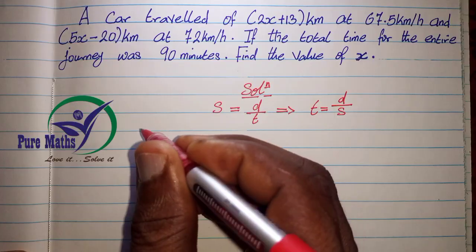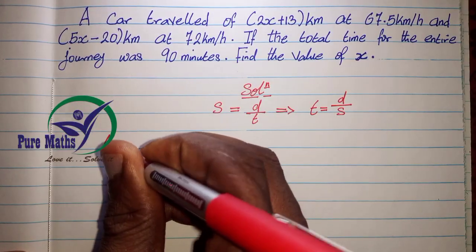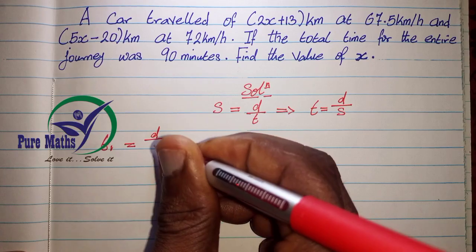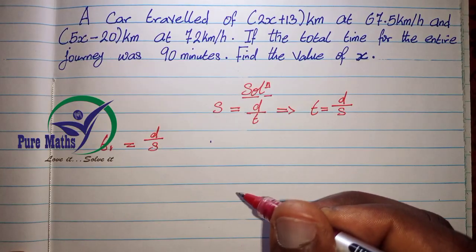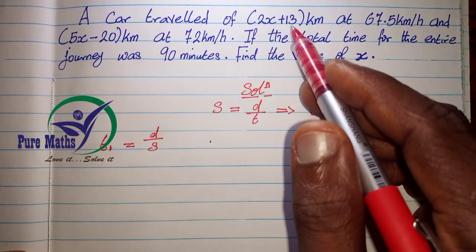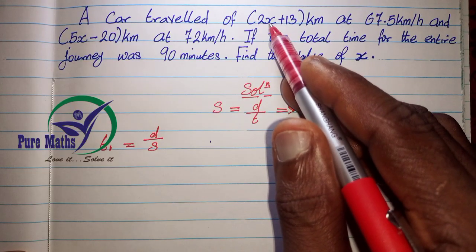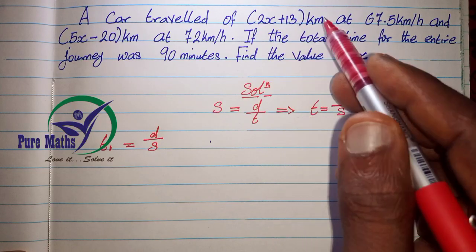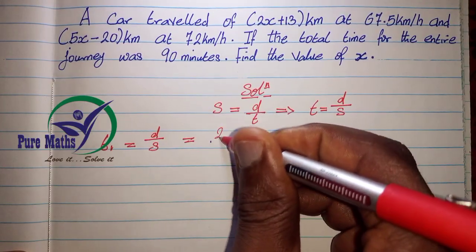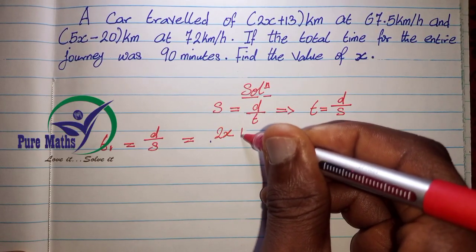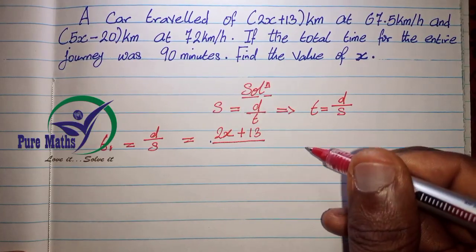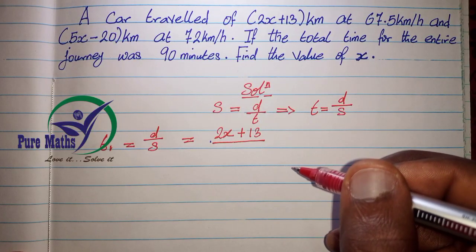For T1, we'll have T1 equal to D over S. From journey 1, our distance is 2x plus 13 km, so we can write this as 2x plus 13, divided by S. S means your speed.